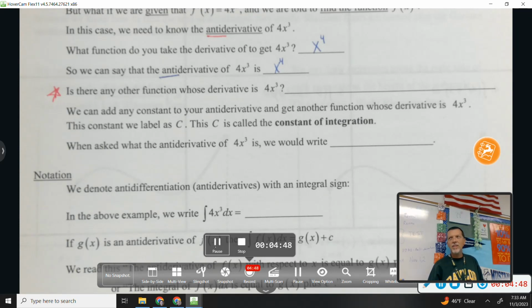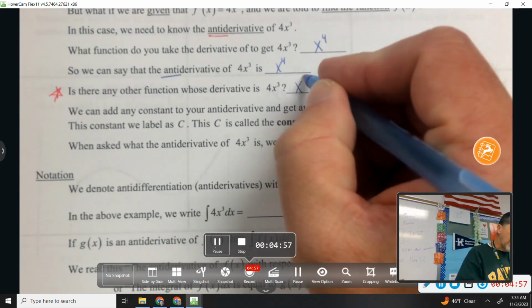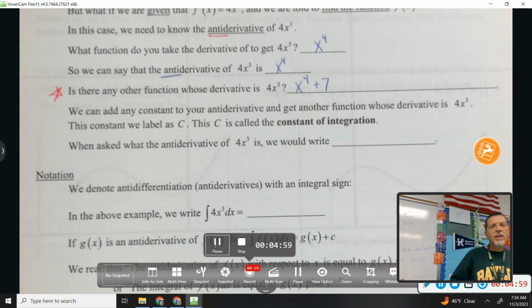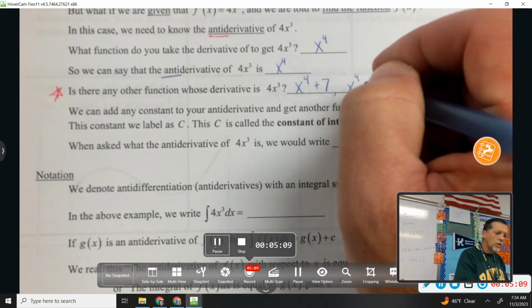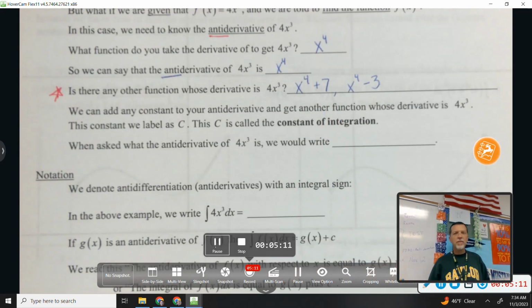What kind of things have a derivative of 0? Constants or numbers. So if I had x to the fourth plus 7, its derivative would still be 4x cubed. Right? And if I had x to the fourth minus 3, its derivative would still be 4x cubed.